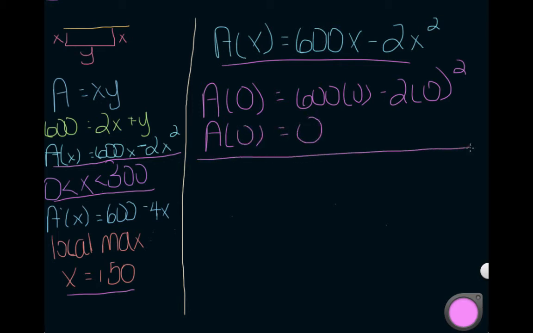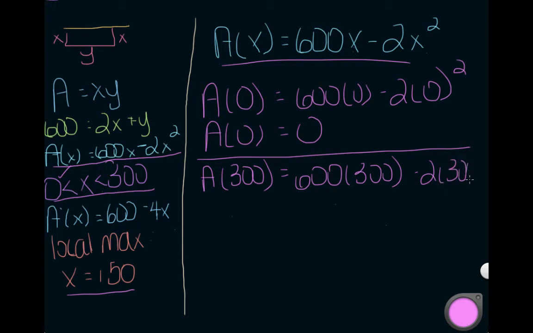And then if I do the same thing for A of 300, so we checked our lowest value, A of 300, every time I see an x, I'm going to replace it with 300. So it becomes 600 multiplied by 300 minus 2 times 300 squared, okay? Once you do all the arithmetic for this, you end up getting A of 300 is equal to 0.